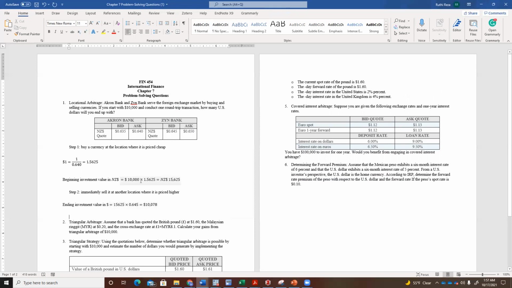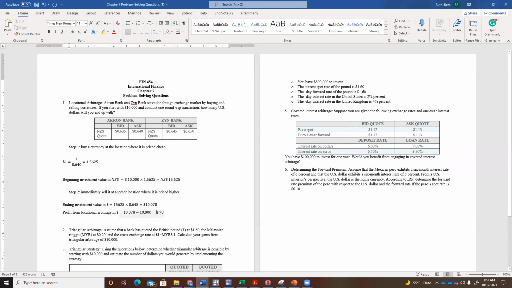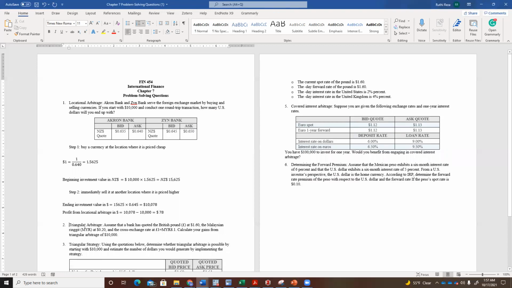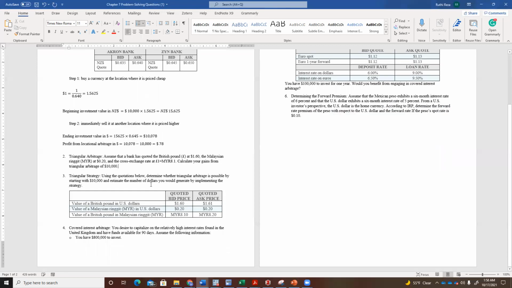Now you can see we invested how much? We invested $10,000, and then we end up with $10,078. So from this particular transaction, our total profit in US dollar is $78. Okay, that is the first problem.